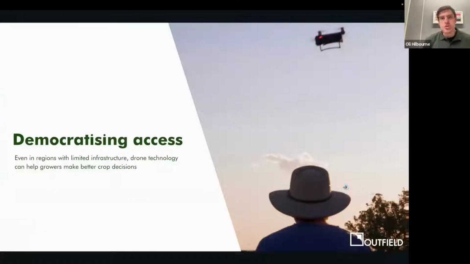So when we're using drones, it kind of feeds into a bigger philosophy which we have, which is that fundamentally we're generating data. We're trying to generate data for fruit growers to help their farms be more efficient, be more profitable, be more sustainable. We're trying to democratize access to that data.